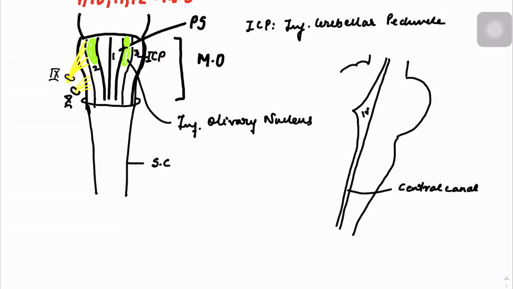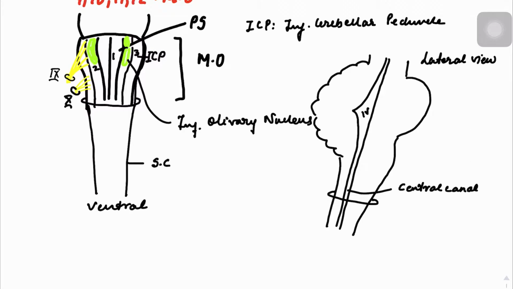That's my cerebellum, and the lower part is occupied by the medulla oblongata, and this comes out as spinal cord through the foramen magnum. So this is the lateral view of my brainstem, and this is the ventral view of my brainstem.